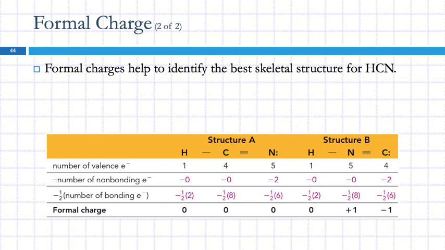So we're going to look at two different skeletal structures for HCN. Structure A, we've got carbon in the middle. Structure B, we have nitrogen in the middle. I'm going to draw them up here so they're a little bigger. With this one, we're going to end up with a lone pair on the carbon and a lone pair on the nitrogen.